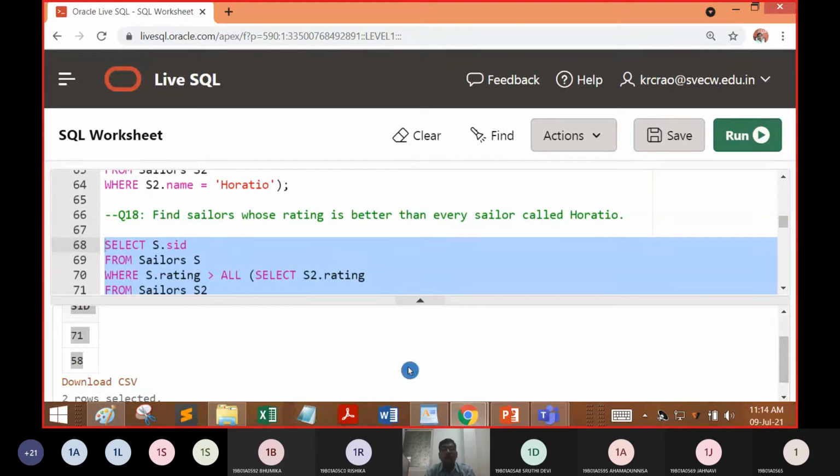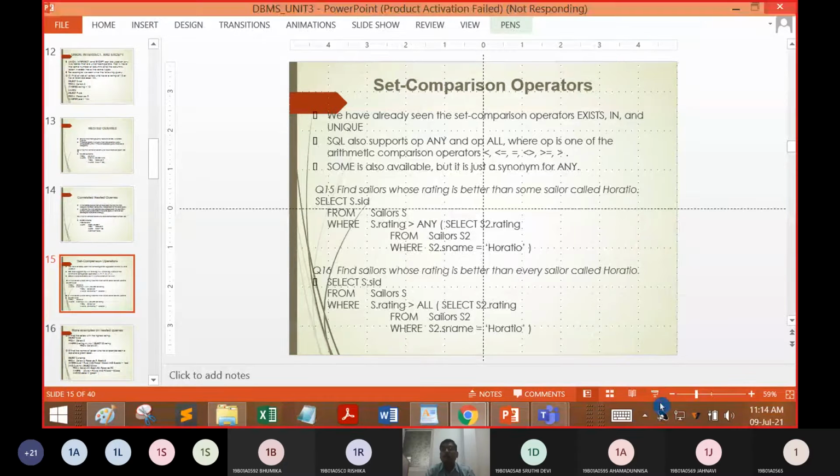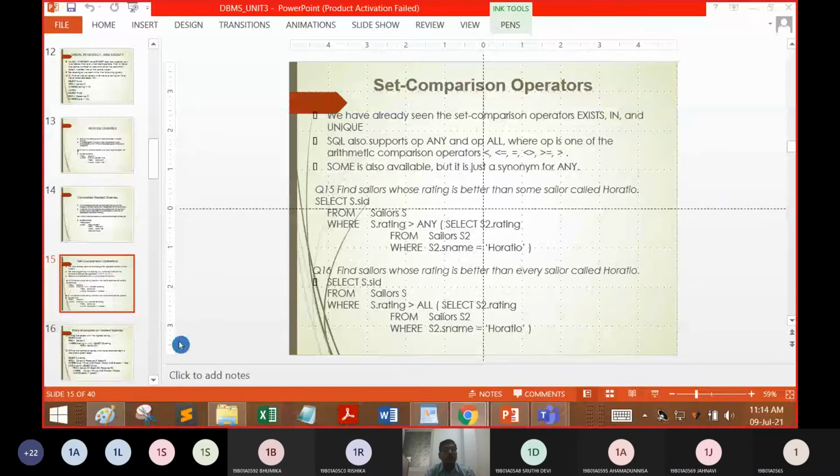Okay, we talked about the two operations we mentioned here in the part of set comparison. After set comparison, we have some more primitive instructions which need to be discussed. So we are going to move to that position. That is what we call aggregate operations.